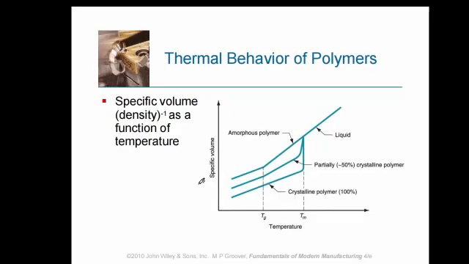Okay? And this chart is showing the thermal behavior of polymers, the behavior of different polymers at two different temperatures. We have the first temperature and the second temperature, Tg and Tm. And we have specific volume on the y-axis. We see that at the temperature labeled Tg, generally the polymers have similar behavior.